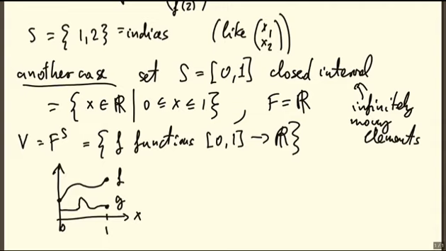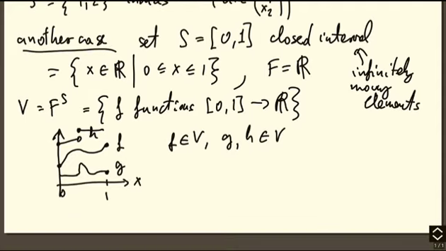Actually, we didn't even specify that this function should be continuous or what kind of functions they could be. So maybe we could have even step functions or piecewise defined functions, f, g, h. So f is an element of V, g and h are also elements of V. And you see the pictures of them, just functions.